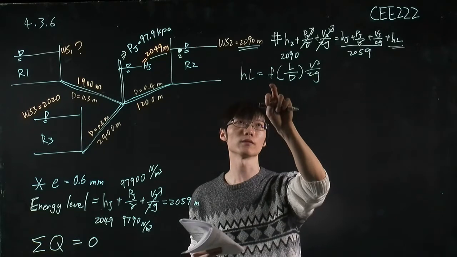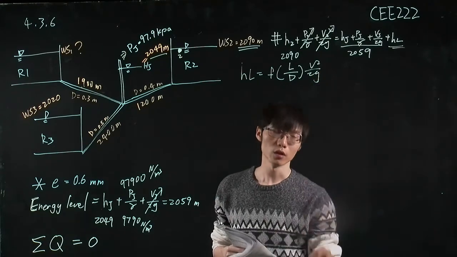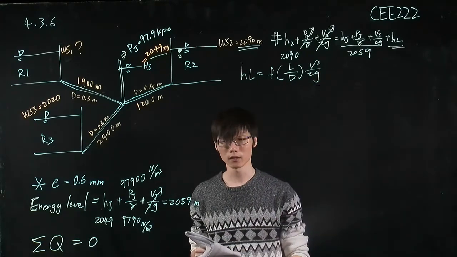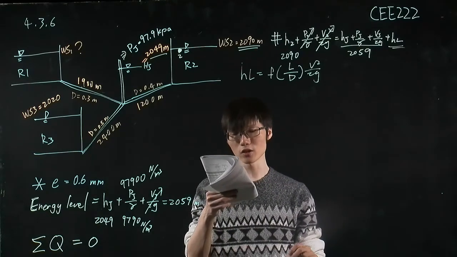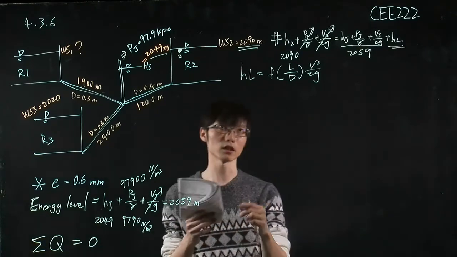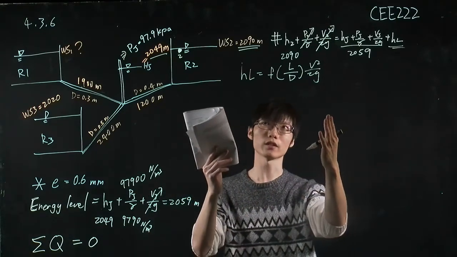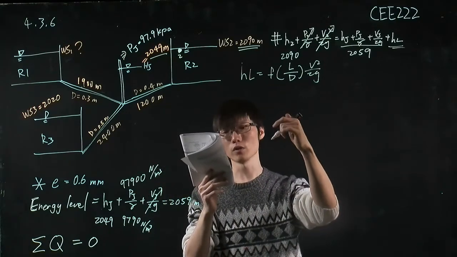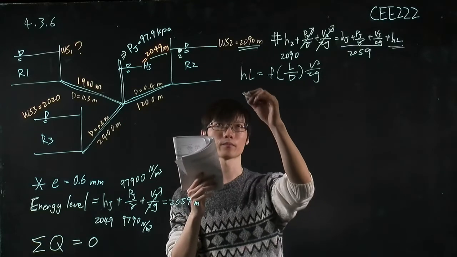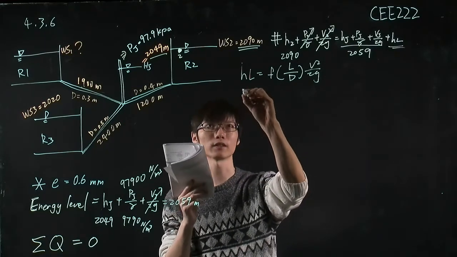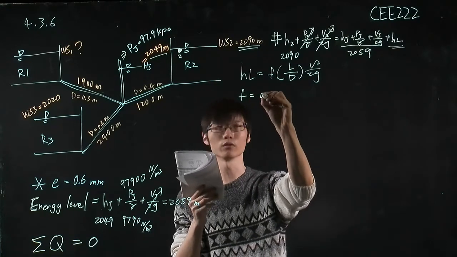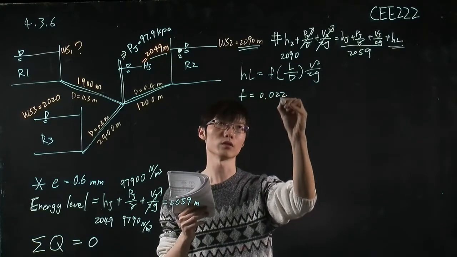We don't know the factor f, and we don't know the velocity V. So how can we do that? When we encounter such a situation, especially for the factor f, we usually just assume a value. So now we assume that factor f equals 0.022.